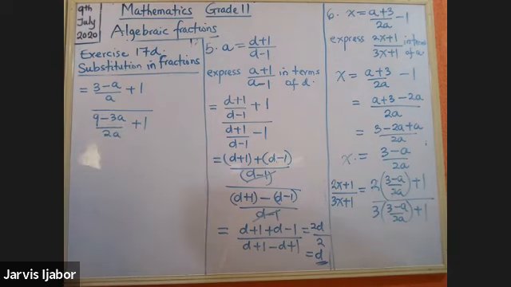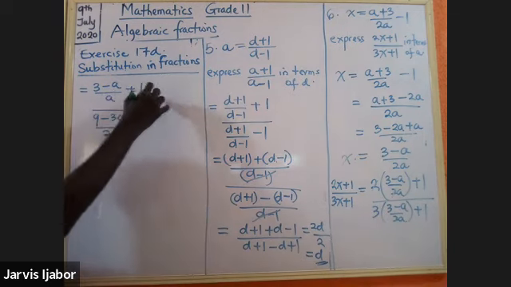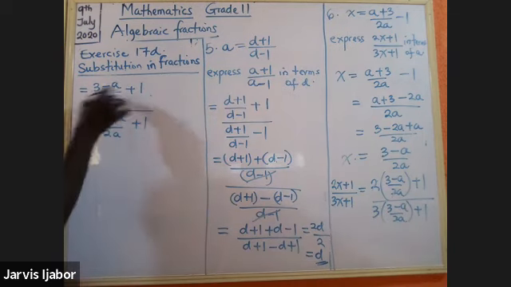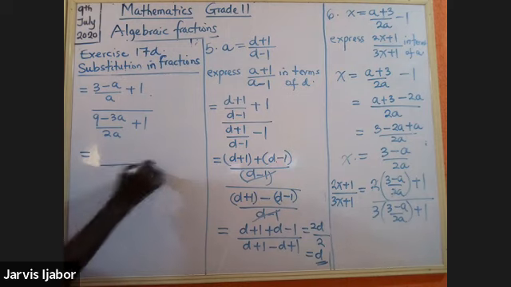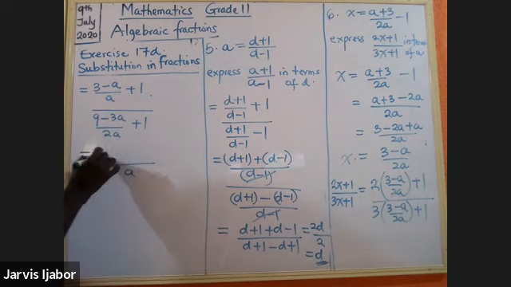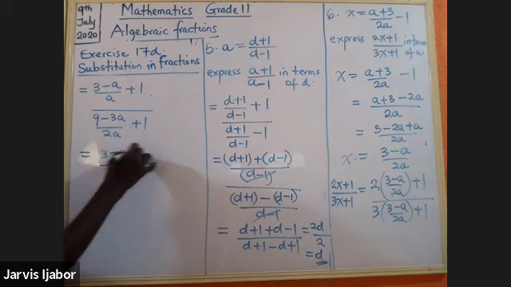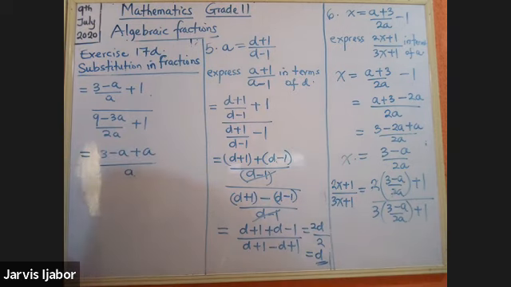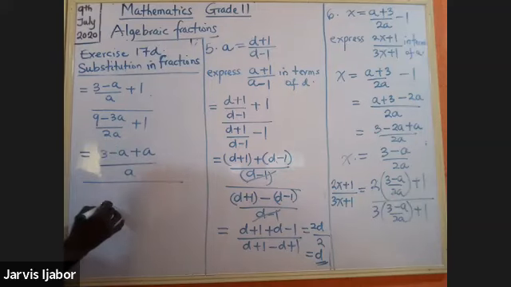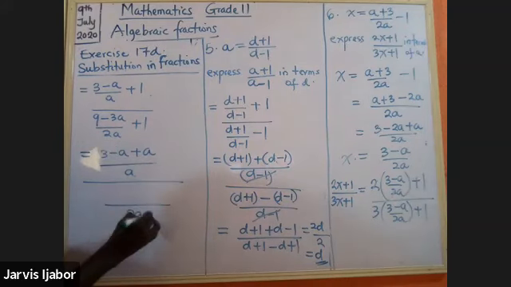So what's the LCM of this one on top? The LCM of this one will be A. A divided this will give me 3 minus A plus A all over 2A.